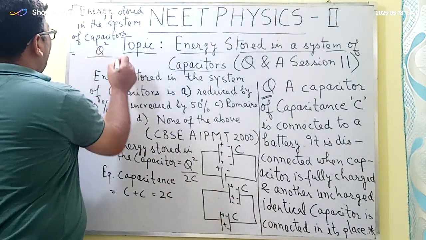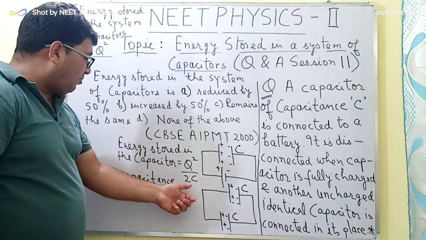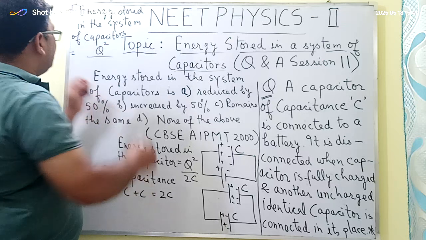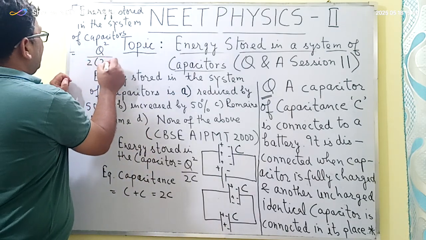So Q square divided by, I will be using this formula, Q square upon 2C. Now here the equivalent capacitance is equal to 2C. So this will be equal to 2 into 2C.